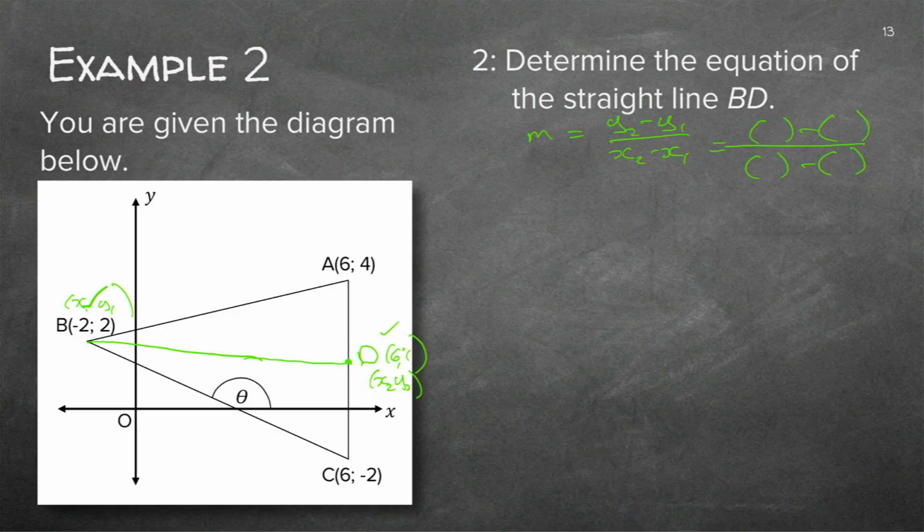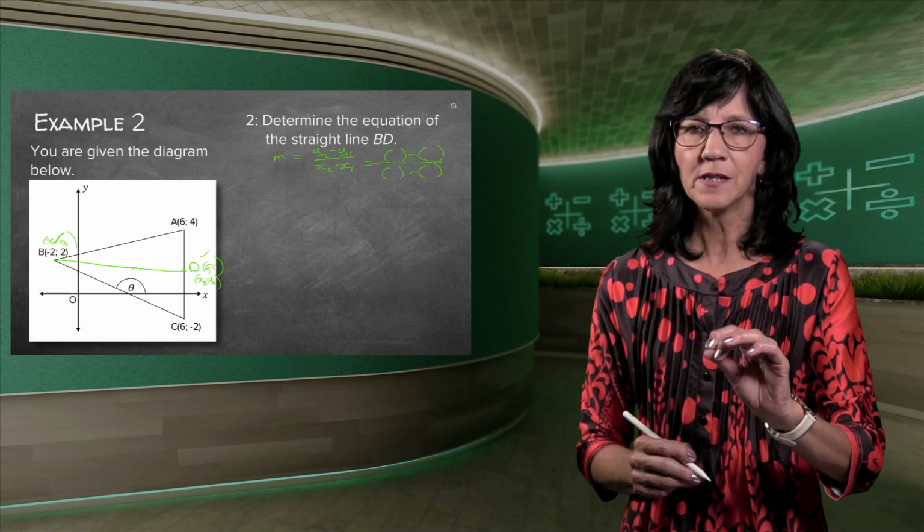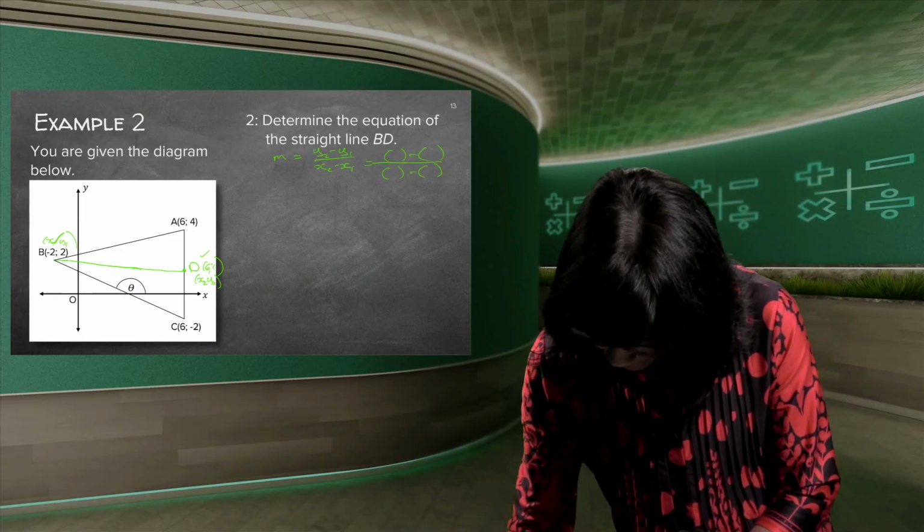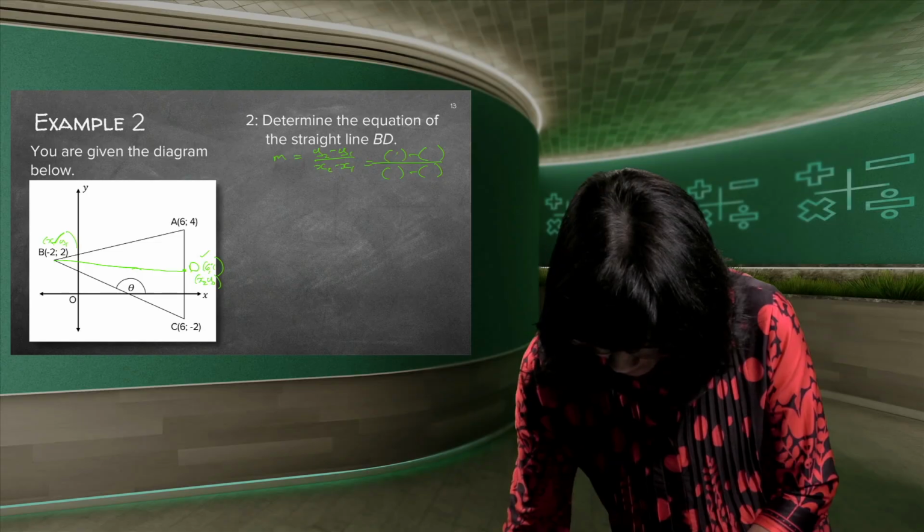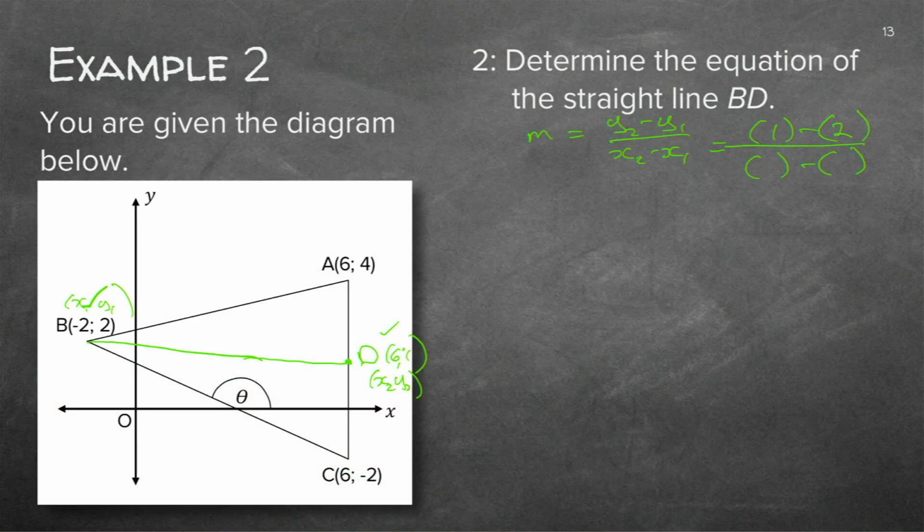If you have to substitute letters with figures, you do it in an empty bracket. Good. Y2 was 1 minus 2. X2 was 6 minus 2. So the answer of m is minus 1 over 6 plus 2 is 8. So I know my gradient is minus an 8th.